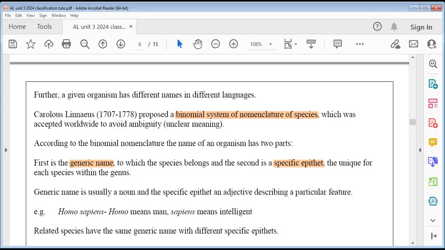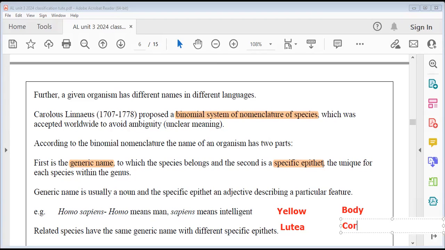Now, for an example, say there's something in yellow color. So you say yellow body. It's a biological word, yellow body. In Latin, yellow means lutea, and body means corpus.